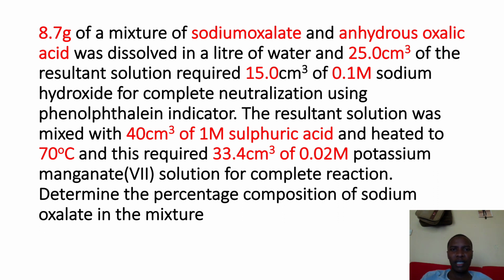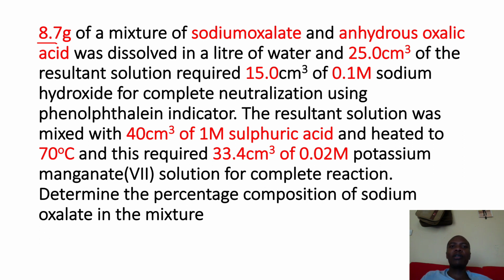We've not been given the real mass of the sodium oxalate, because this 8.7 is for the whole of this mixture. So we can get the one for the oxalic acid. Then we find out total oxalate ions with the potassium manganate 7, because you can see it's what is going to be reacting.